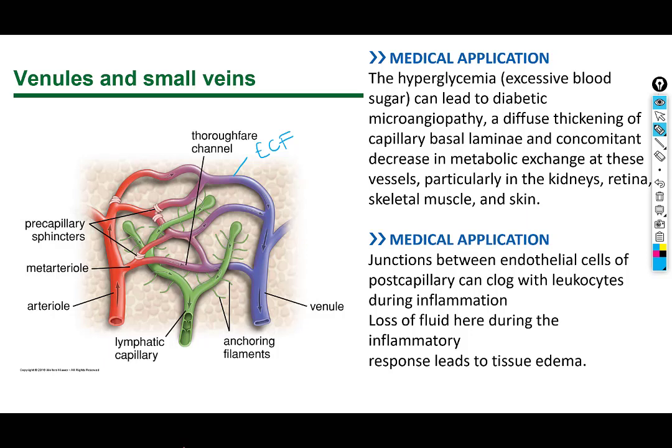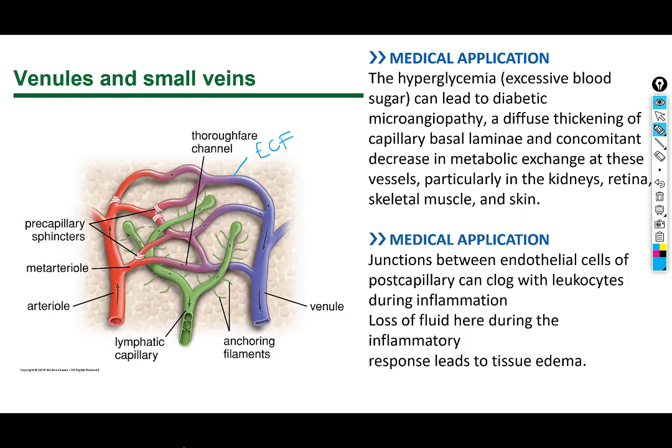So microangiopathy related to diabetes is based on the fact that high blood sugar long term initiates some changes in inflammatory processes that cause things like thickening of the capillary basal lamina. So that thickness decreases the rate of diffusion and increases the diffusion distance, and that creates problems as well.